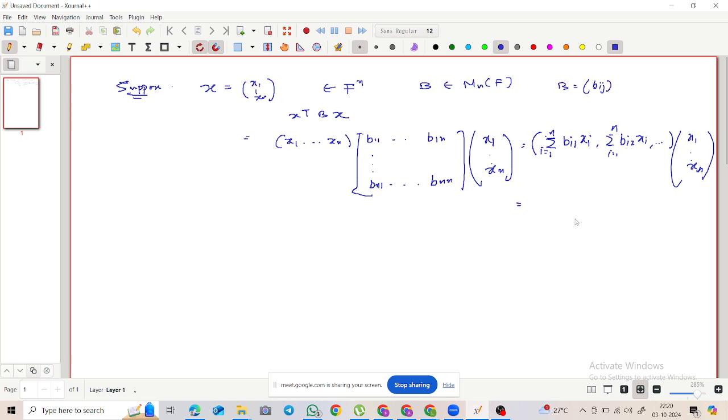Once you compute this whole stuff, you will actually get the sum of bij xi xj. Okay. So now there is a thing.